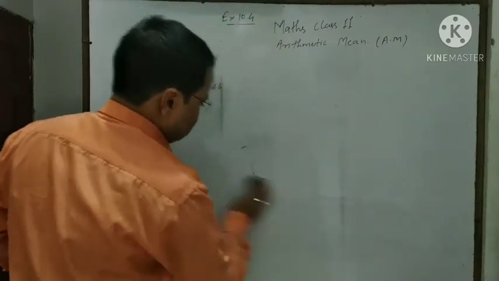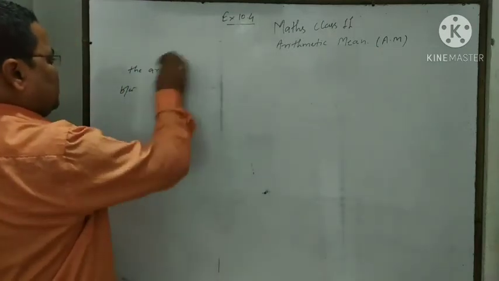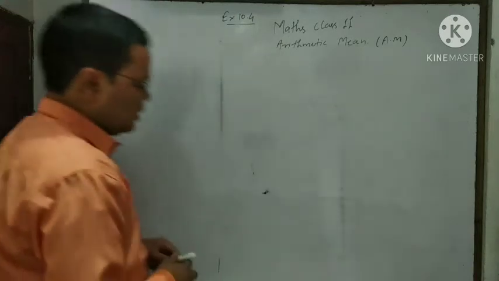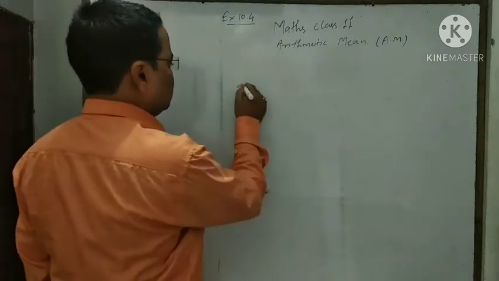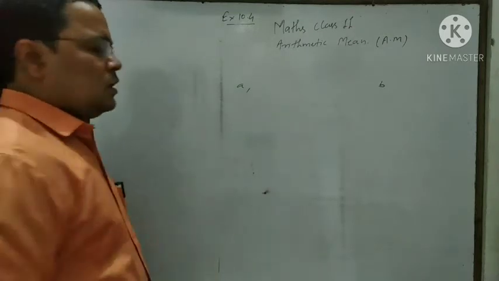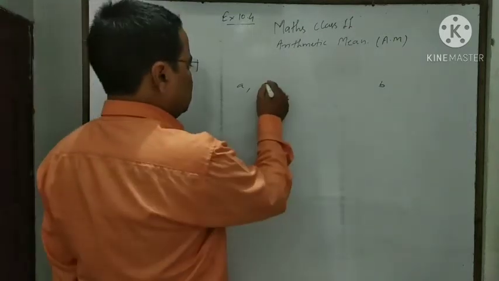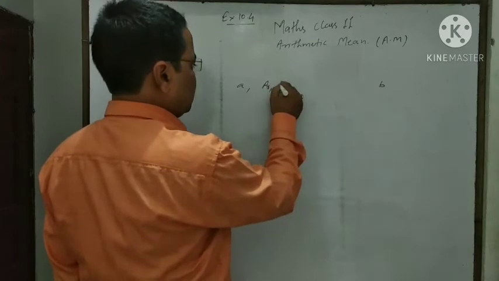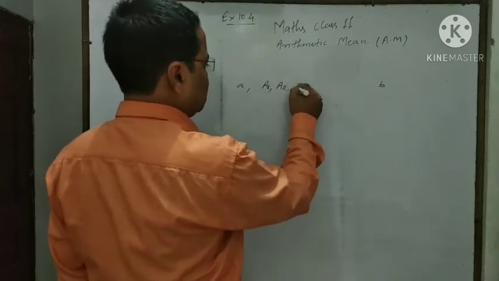If we have arithmetic means between two numbers a and b, then they can be in this form. Here, if we have two numbers a and b, then we can find more than one arithmetic mean. Let this be the first arithmetic mean A1, this the second, this the third.